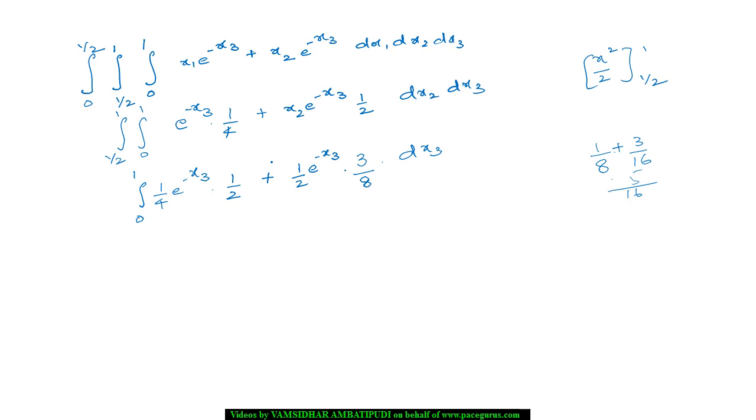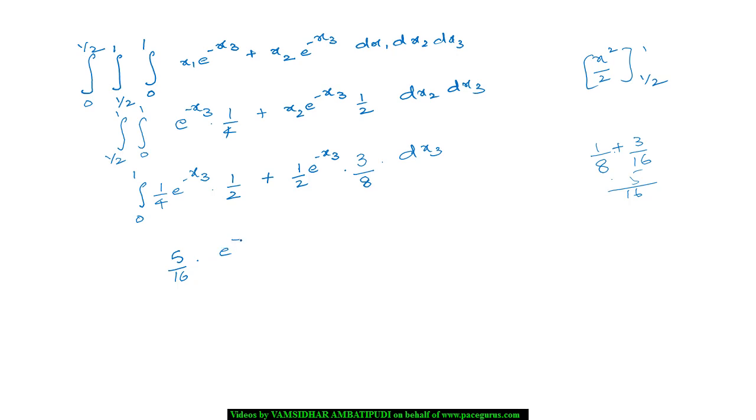Right, 1 by 2 squared, fair enough. So which is working out to be this much. So 1 by 8 e to the power of minus x3, 3 by 16 e to the power of minus x3, so it is becoming 5 by 16 e to the power of minus x3.